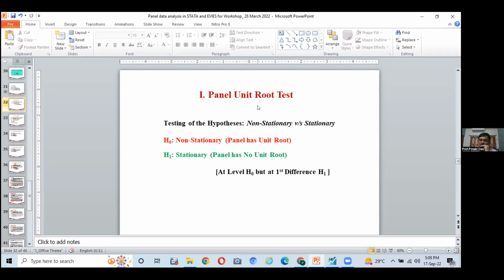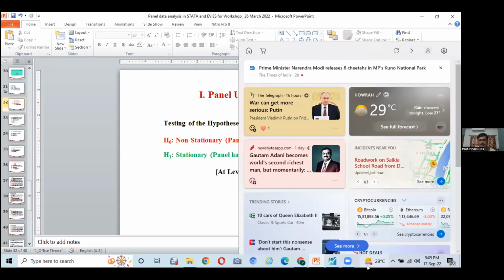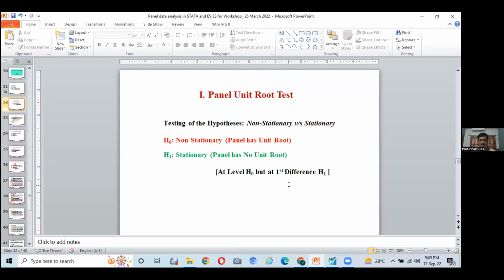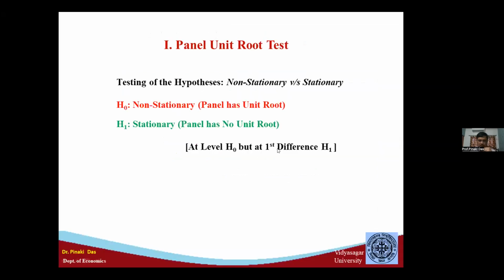Let me discuss the issue of the panel unit root test. Sorry, the PPT is visible now. Yes, sir, it's visible. Okay.